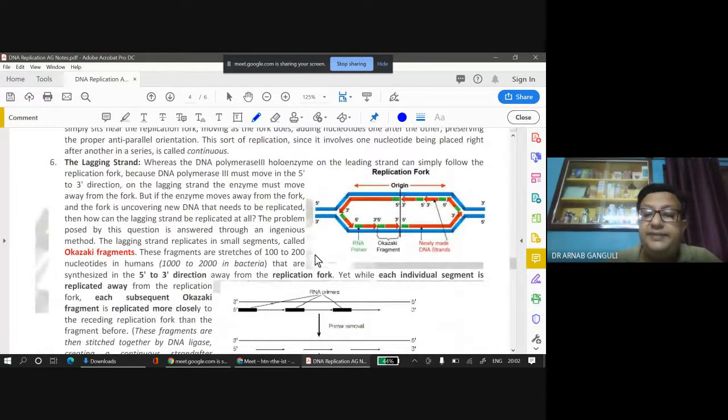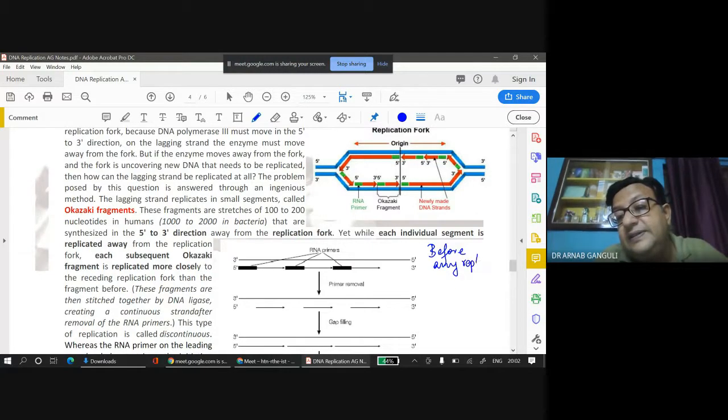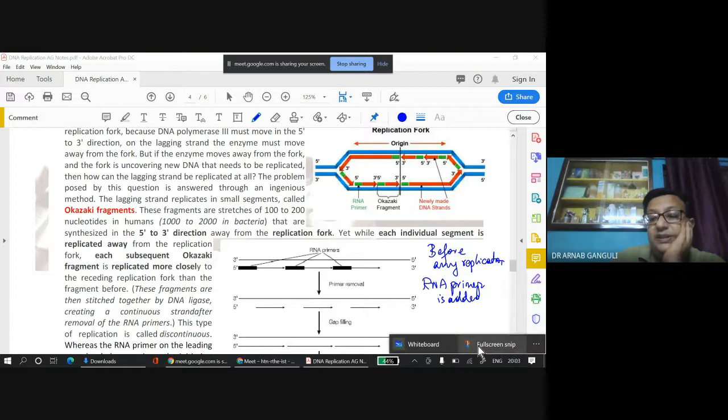The same thing. Now let us come. Before any replication starts, a RNA primer is added. তাহলে আবার হোয়াইট বোর্ডটা হাতে আমি খুলছি.